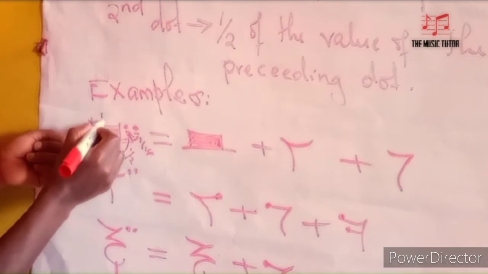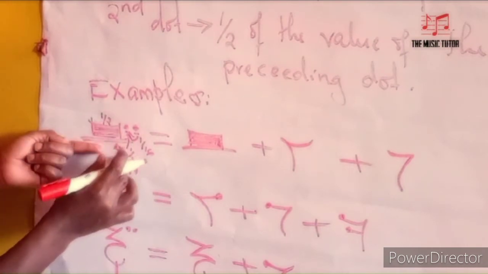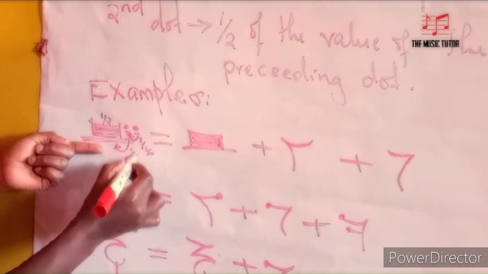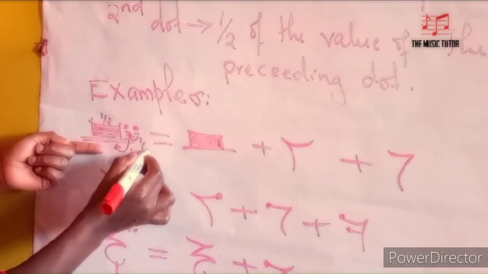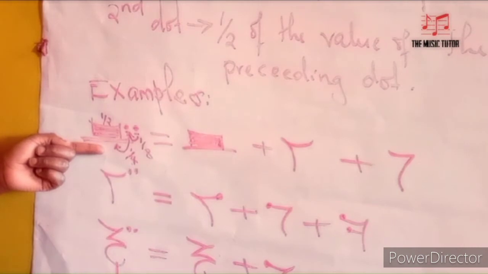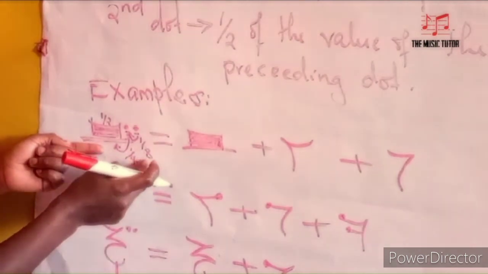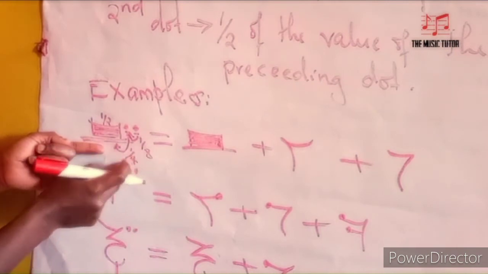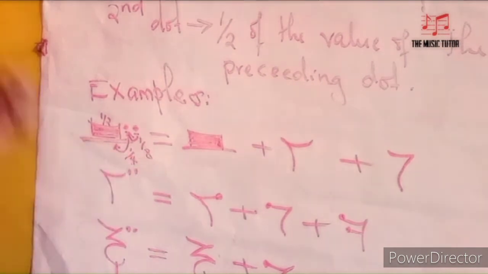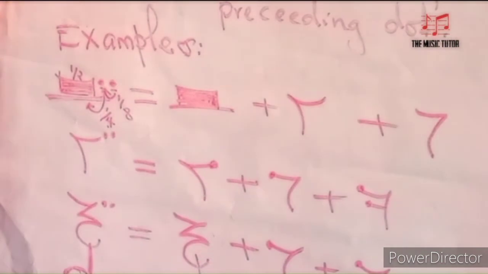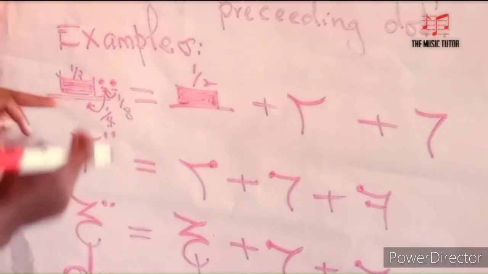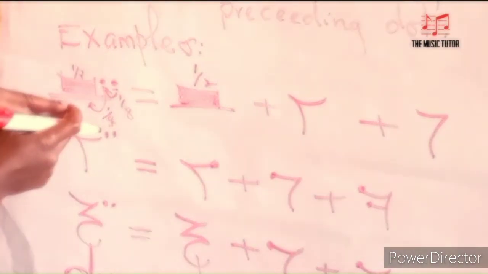This is half a note. This is a quarter of a note. This will be the value of an eighth, half of a quarter, meaning it's an eighth of a note. Let us illustrate it this way. This half note is the full value of the minim.